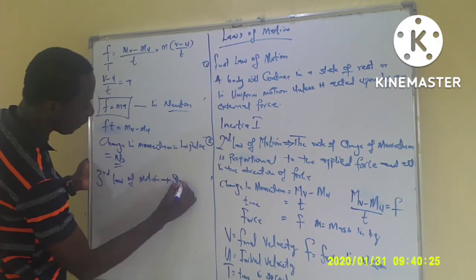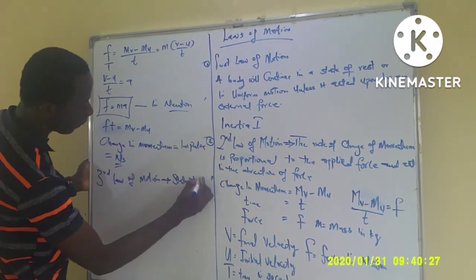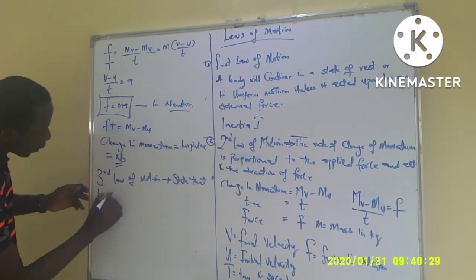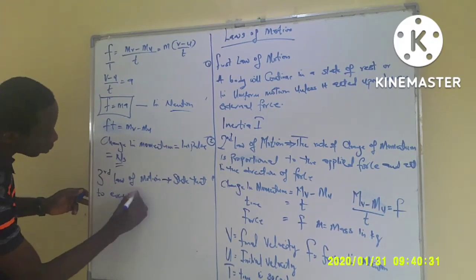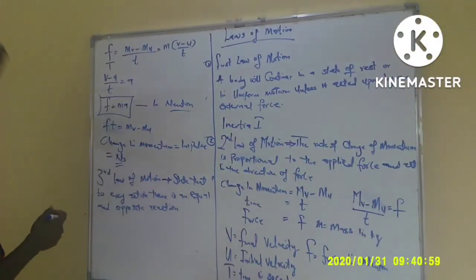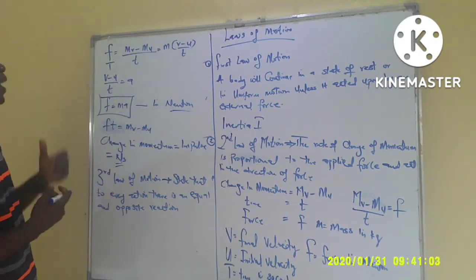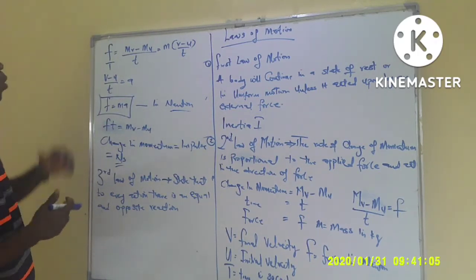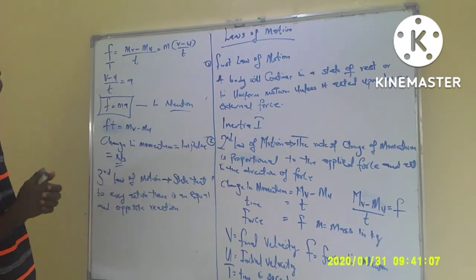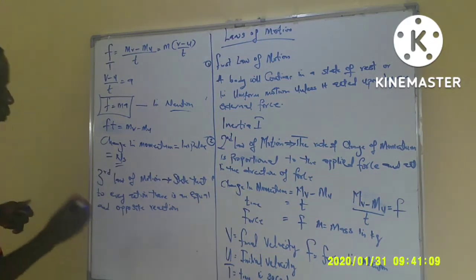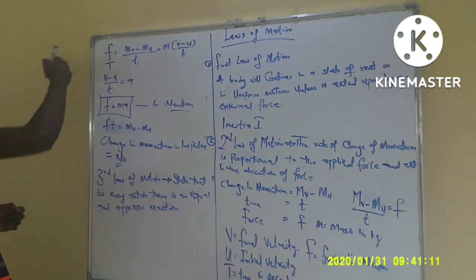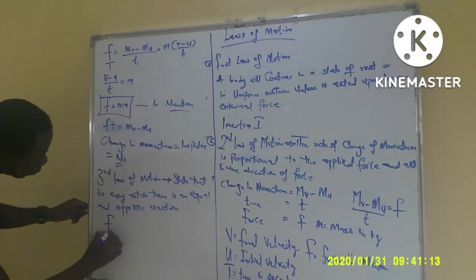Third law: to every action, as I said the other time, when I hit this board with a blow, you discover that there's a reaction of the wall on my hand in form of pain. So what is the action? Let's assume the force that I apply is Fa.